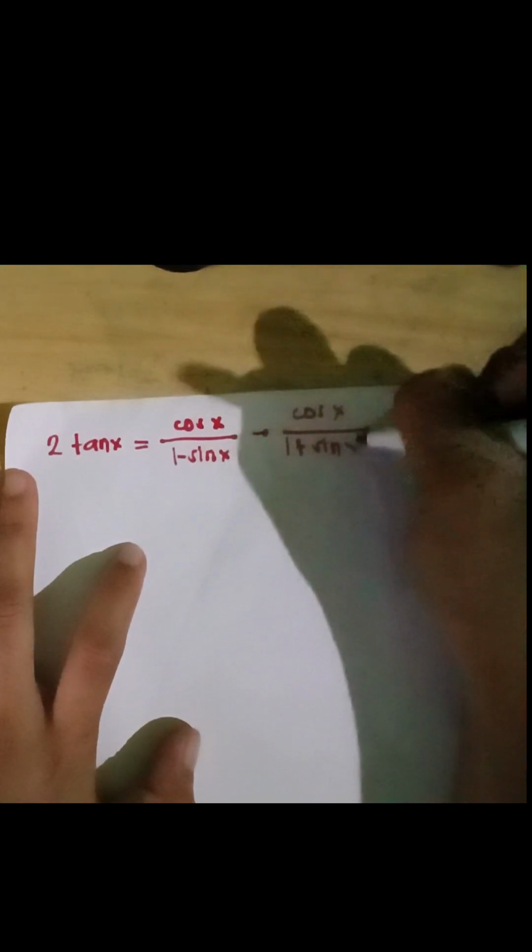The third identity that we're going to solve is 2 tan x equals cos x over 1 minus sine x minus cosine x over 1 plus sine x.